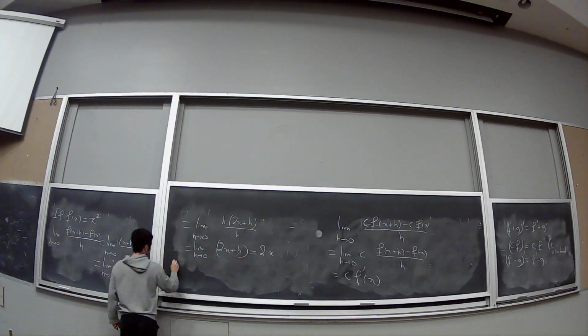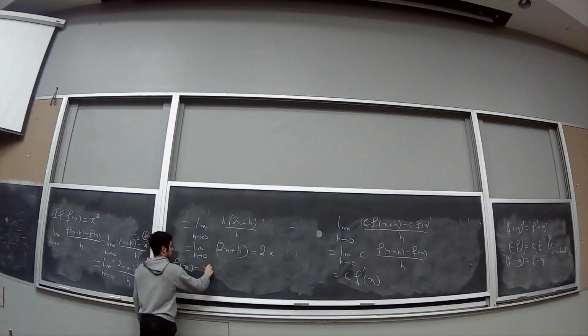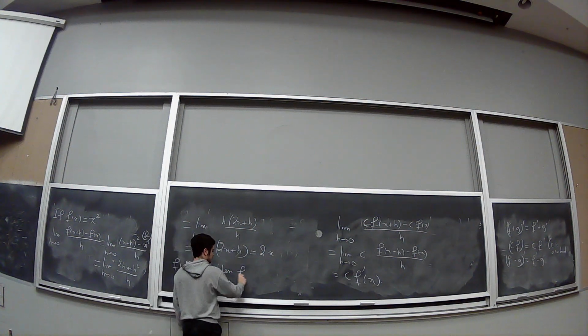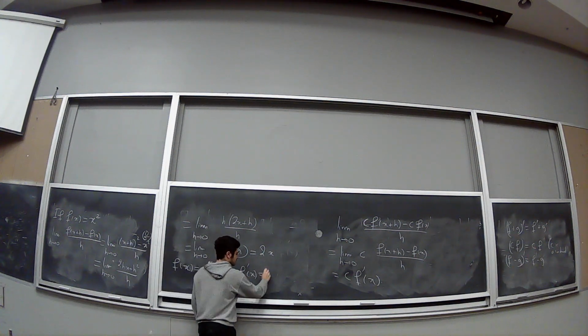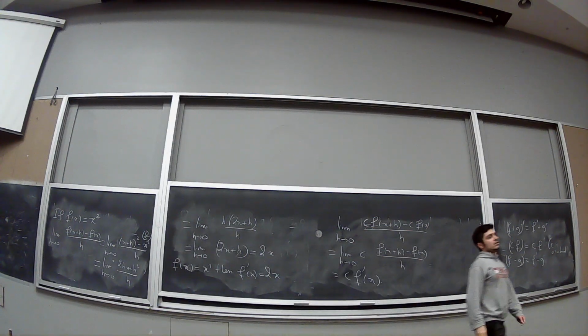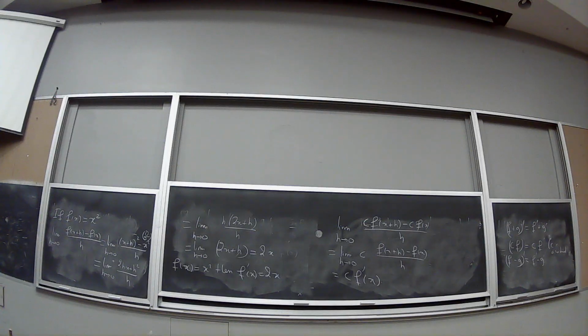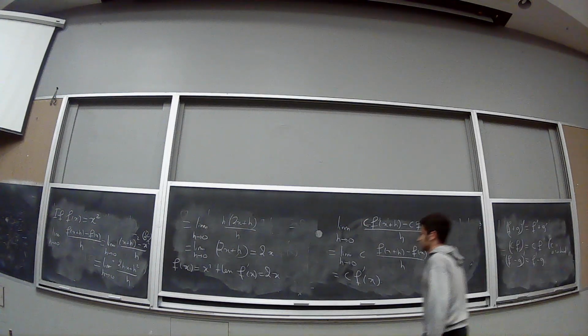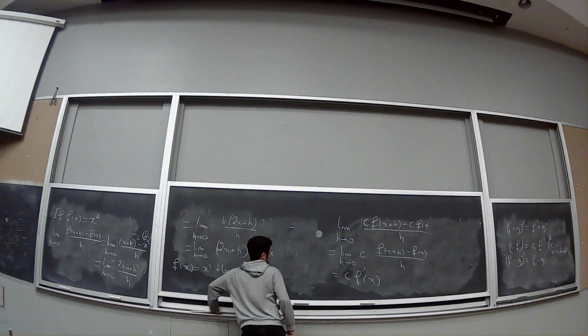Okay, so if f of x is x squared, then f prime of x is 2x. Now there's a rule that you can see. If you have x to some integer power, so if f of x is x to a positive integer power, we'll see the other one later.